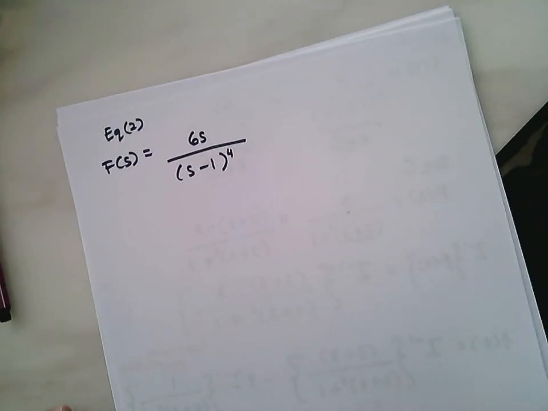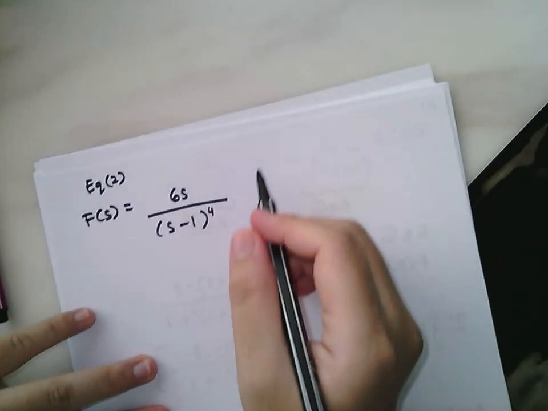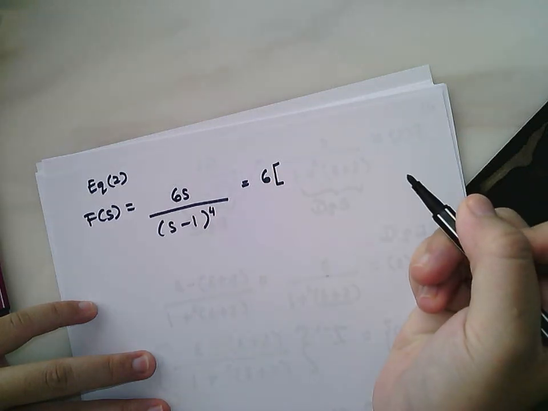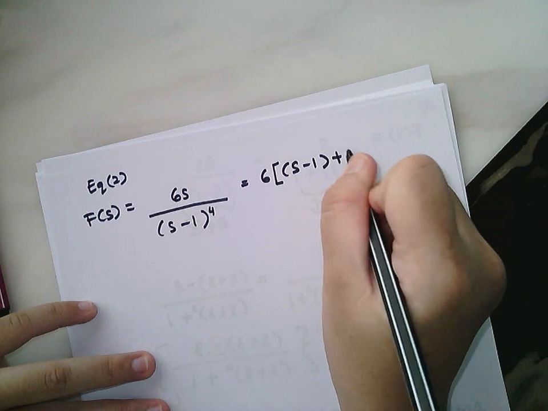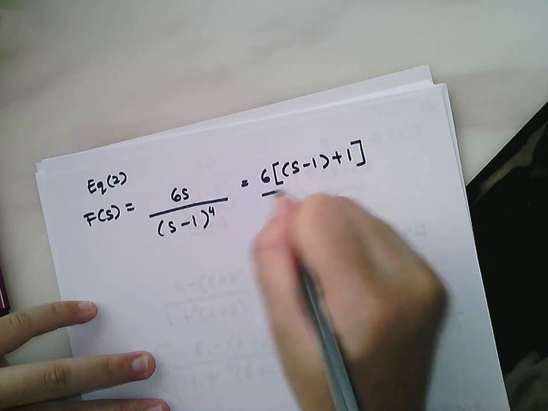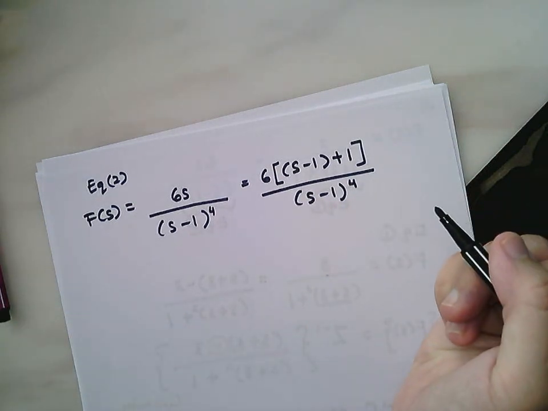So I'll rearrange the numerator so that it becomes the same as the denominator. So this one is equal to 6 times a bracket, s minus 1 plus 1, close bracket, over (s minus 1) to the power of 4.